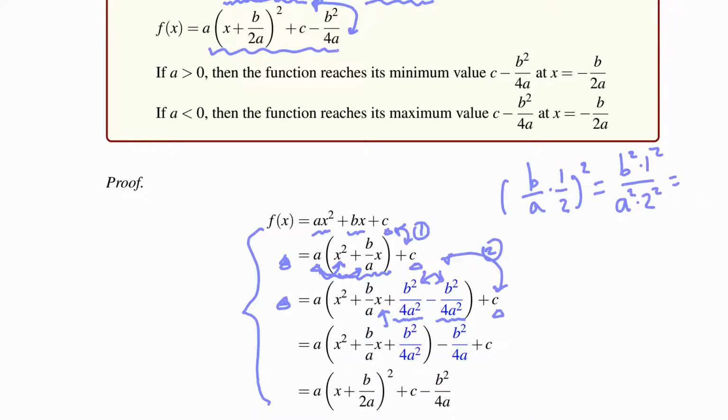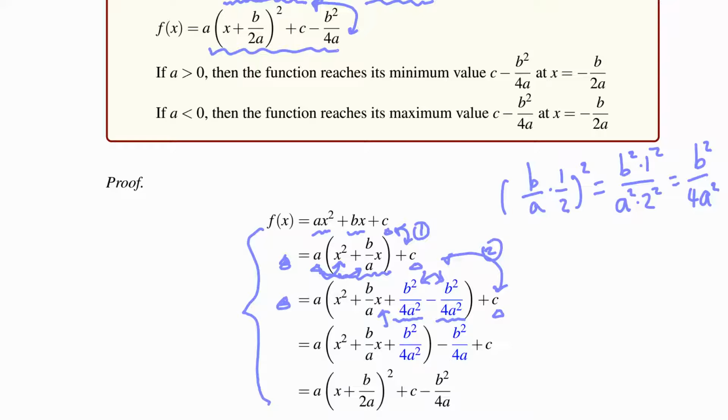This will give us b squared over 4a squared. 1 squared is 1, times b squared is still b squared. Now we got b squared over 4a squared. That's how we got that.